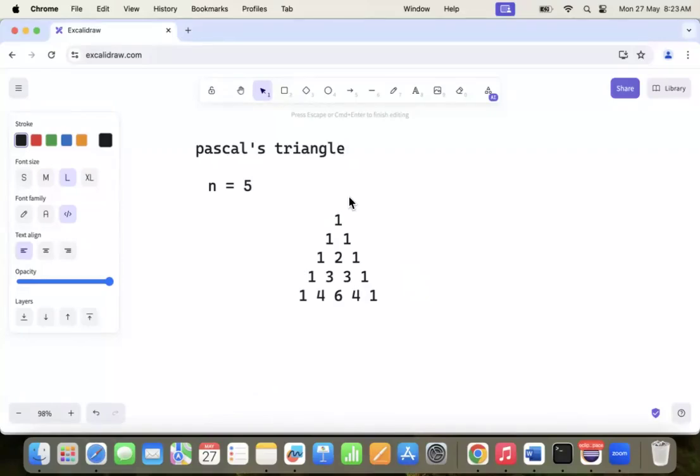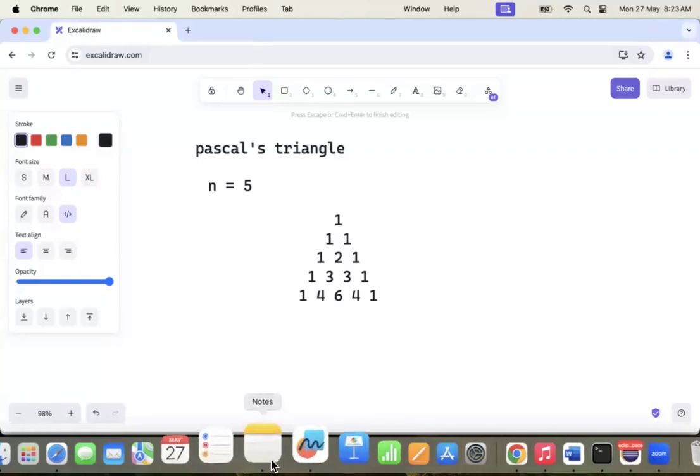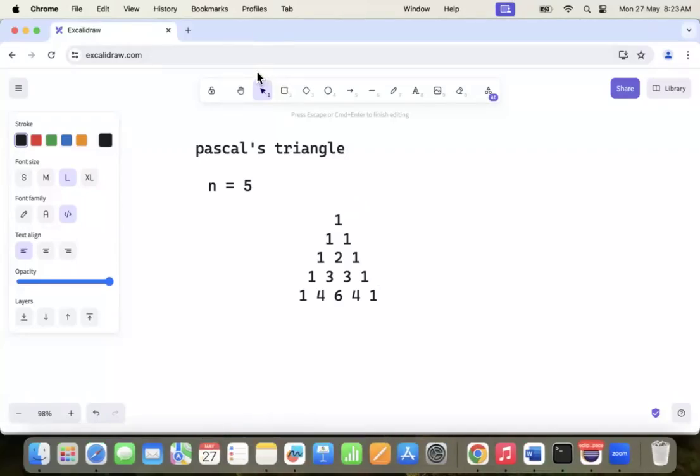So now we will understand how we can display a Pascal triangle like this. To display it, we need to know a mathematical formula called NCR.